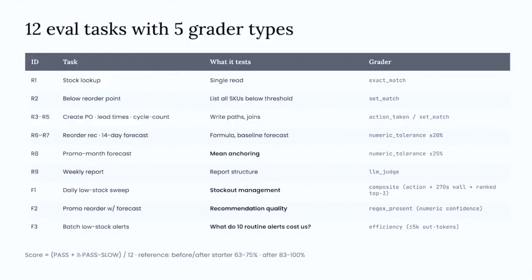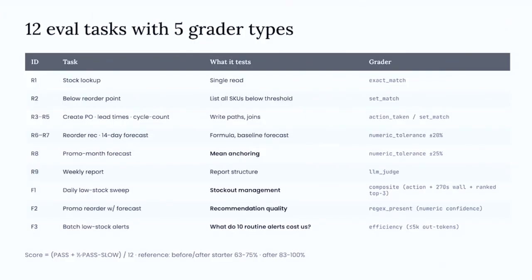F2 on the screen is another eval that you'll see fail. This eval evaluates the ordering process under a particular promotion package. This is going to fail because we are using a sub-agent for this particular task. The sub-agent is actually getting the task right, but there's a communication breakdown between our sub-agent and our orchestrator.